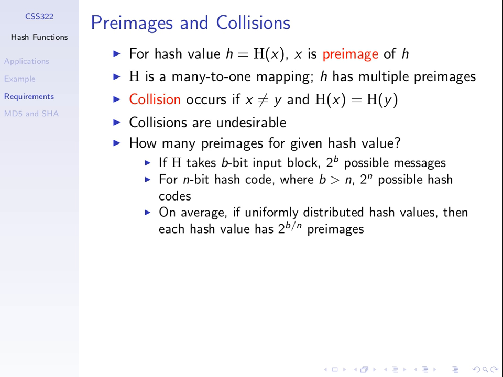It's 2 to the power of b minus n, simply the number of inputs, 2 to the power of b, divided by the number of outputs, 2 to the power of n.